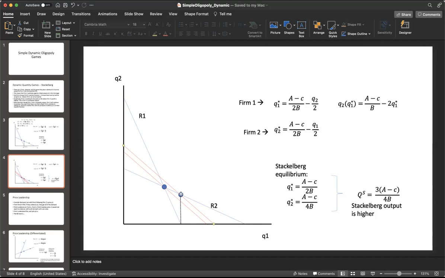Okay. So what do we know if the output of Stackelberg is higher? So first, nakikita nyo rito, that's why I drew the red lines, because you can see that combinations of these outputs here is equivalent to Cournot, right? So this is Cournot level. And then this red line is clearly above that. So mas mataas yung Stackelberg.